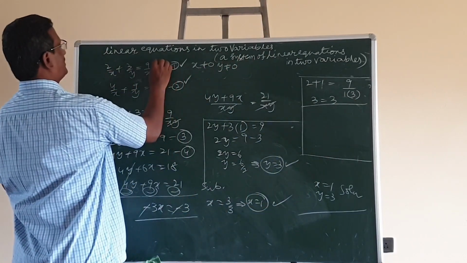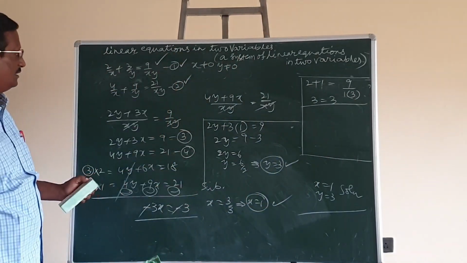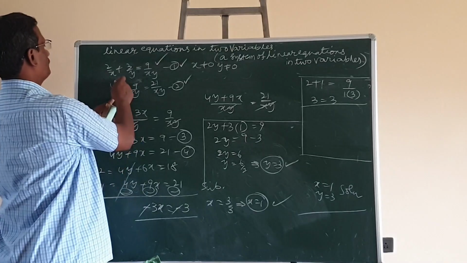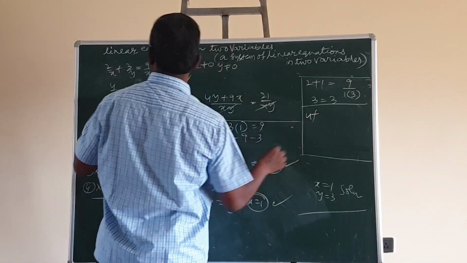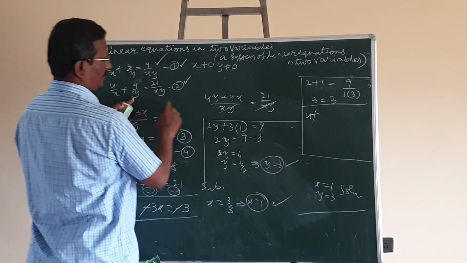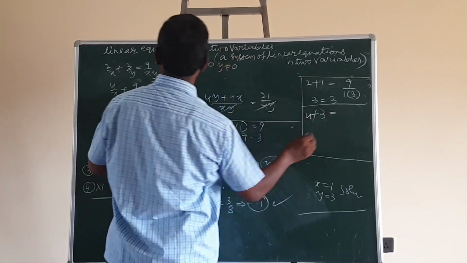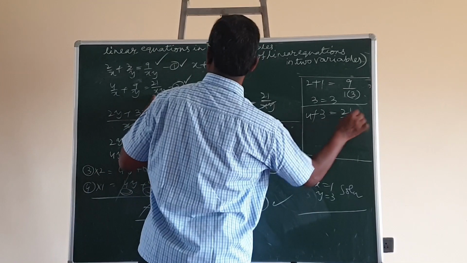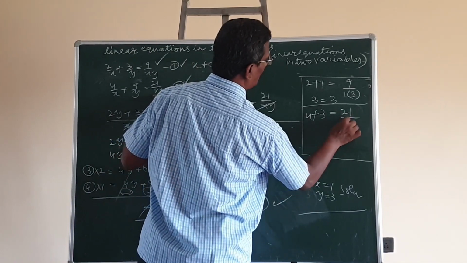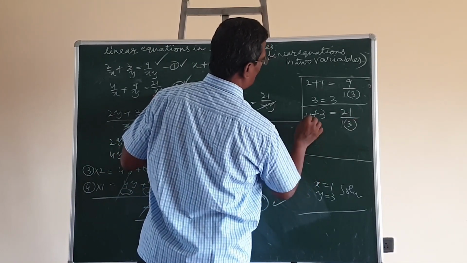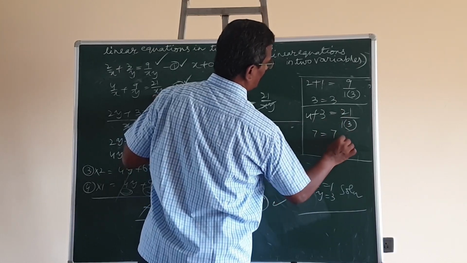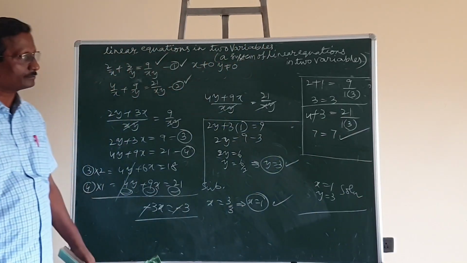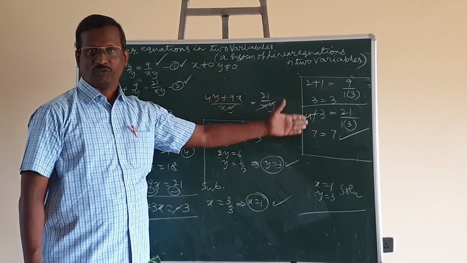So in the first equation, the solution is satisfied. Similarly, in the second equation, x value 1: 4 by 1 is 4, plus 9 by 3 is 3, so 4 plus 3 is equal to 7. 21 upon xy, with x equal to 1 and y equal to 3, 21 by 3 is also 7. 7 is equal to 7. Satisfied. So hardly does it take a few seconds.